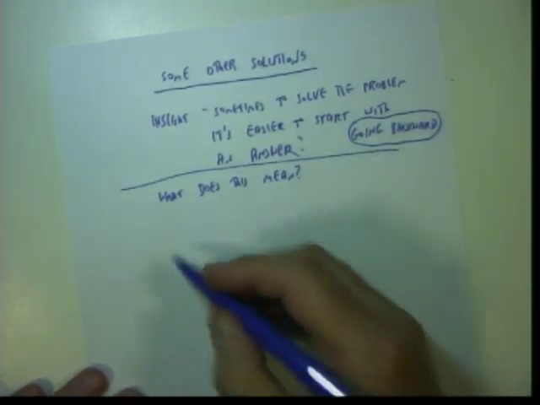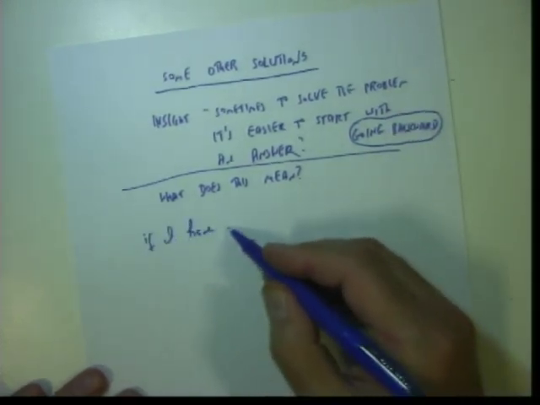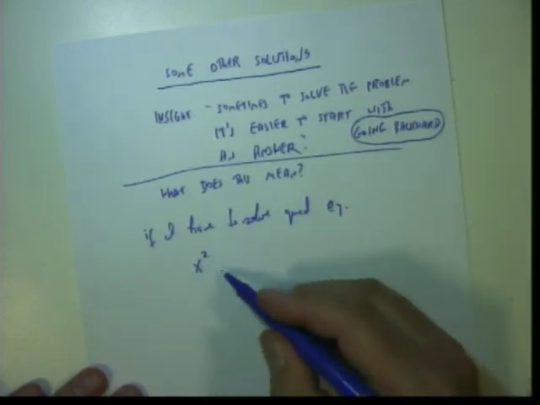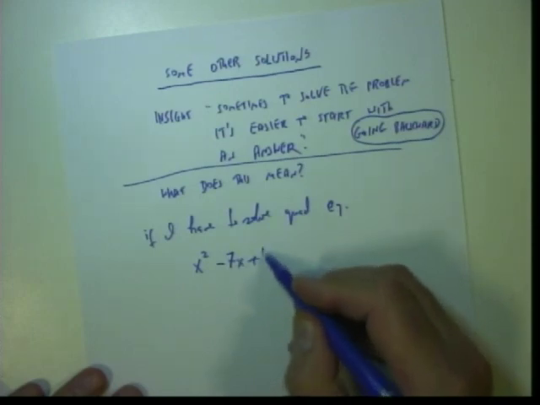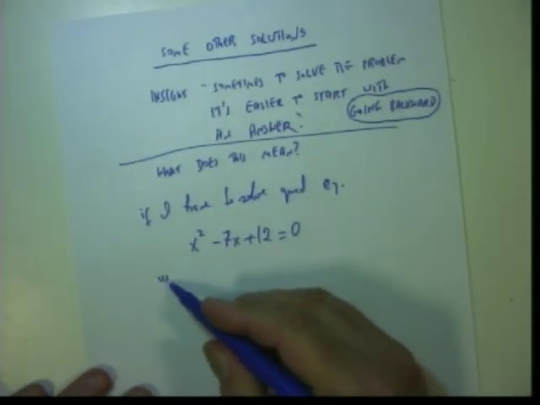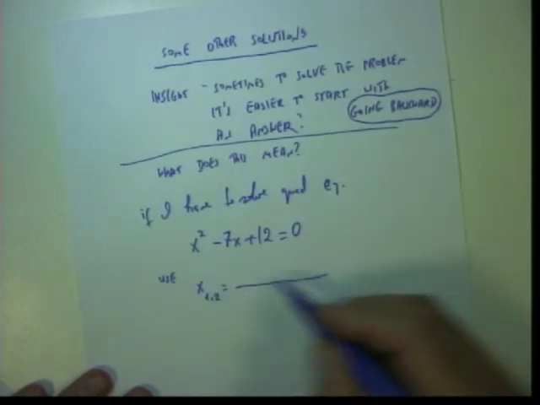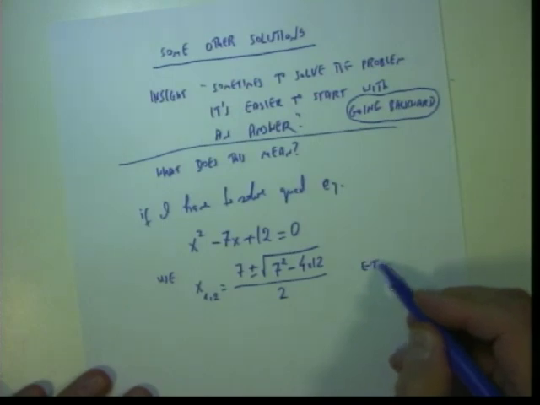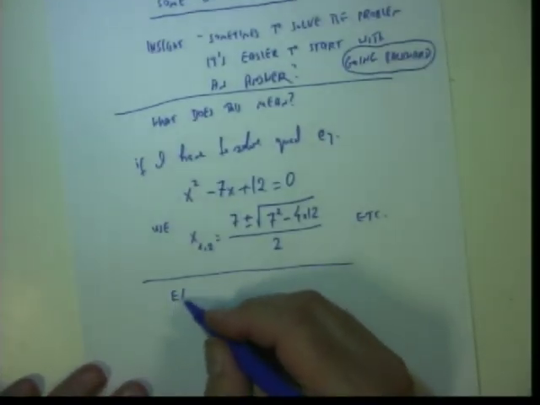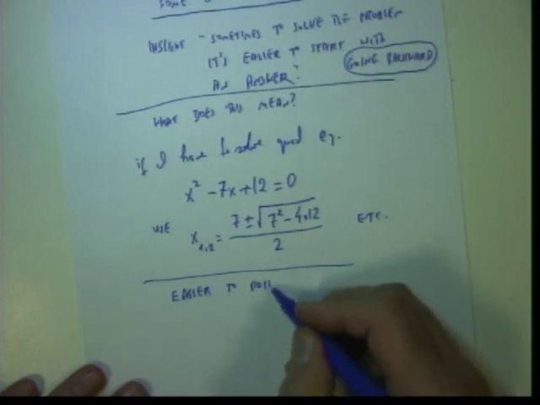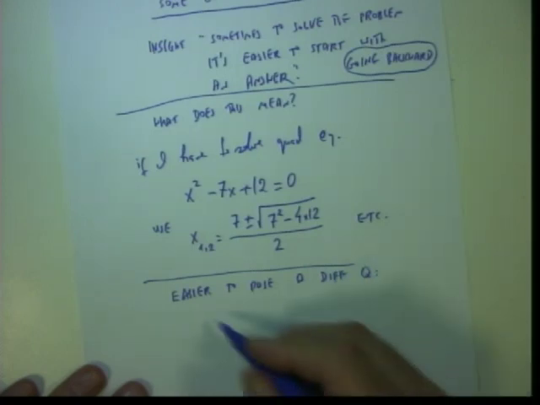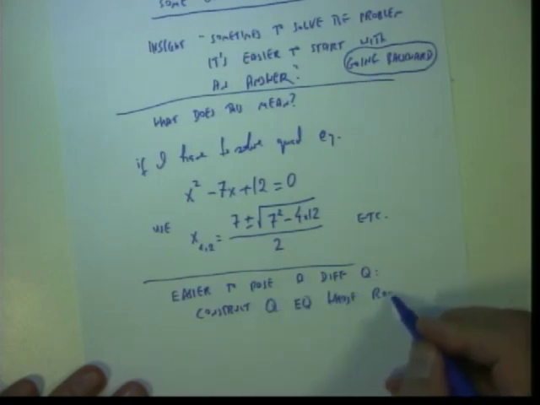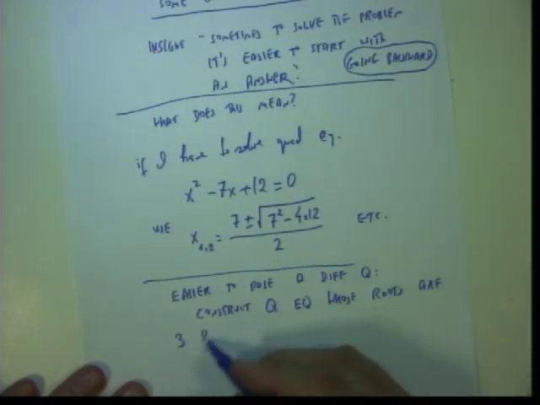Yes. For example, if I have to solve a quadratic equation, say x squared minus 7x plus 12 equals 0, then I have to use the formula, is it right? x1,2 equals 7 plus minus the square root of 7 squared minus 4 times 12, divided by 2, etc. But it is easier to pose a different question: construct a quadratic equation whose roots are 3 and 4.